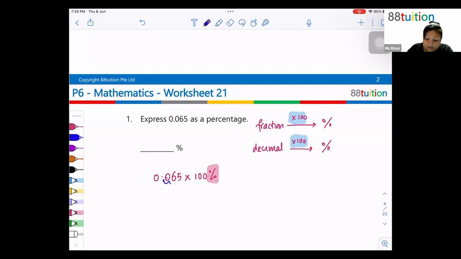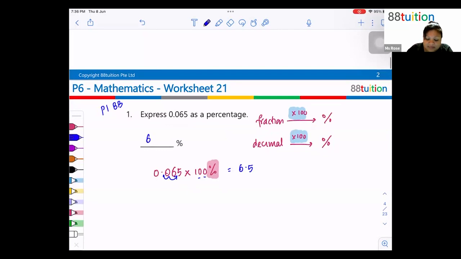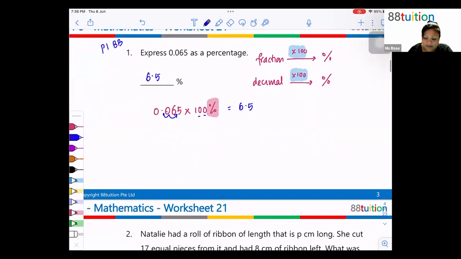It is similar to moving the decimal places to the right 2 times because of the 2 zeros. So you will get 6.5. Can you take note? This is your paper 2. Paper 1, booklet B has no calculator. So to multiply, just move the decimal places by 2 because of the 100.